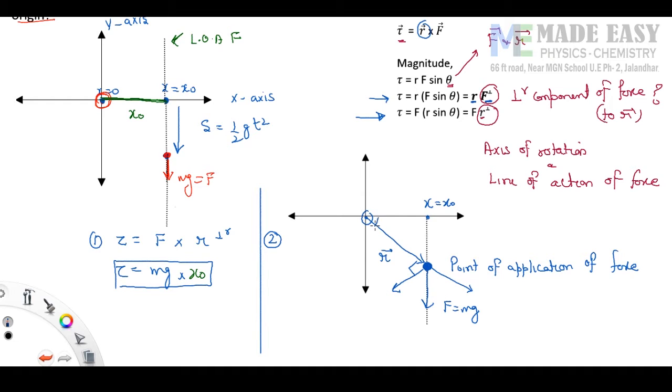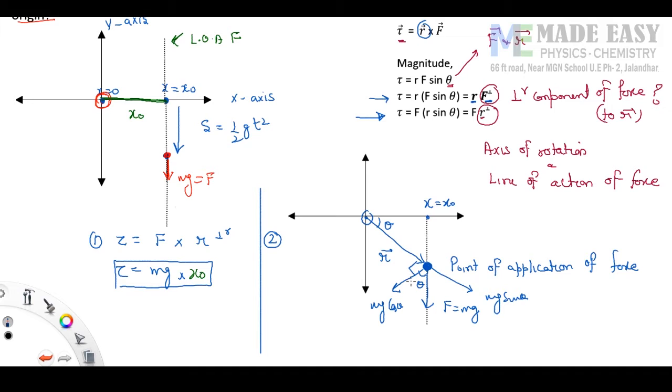Let me say this angle is theta. If this angle is theta, this is 90 degree, this is going to be 90 minus theta. Vertically opposite angle 90 minus theta. Complete angle 90 degree hai, so this angle going to be theta. Since this angle is theta, this can be written as mg cos theta. This component can be written as mg sin theta, right?